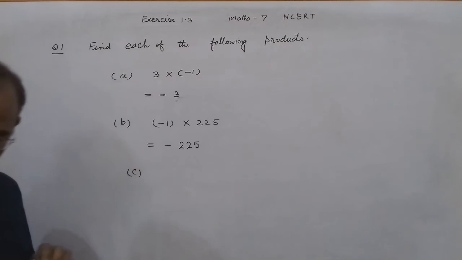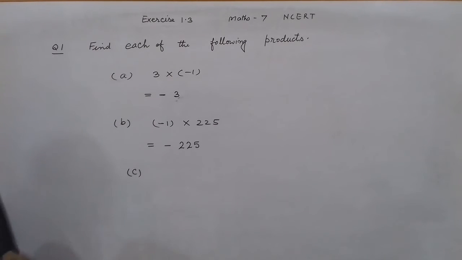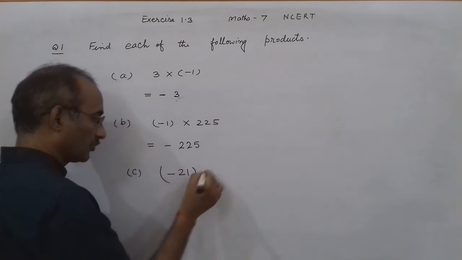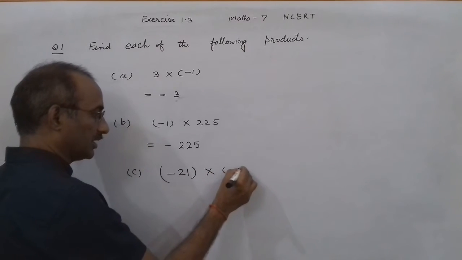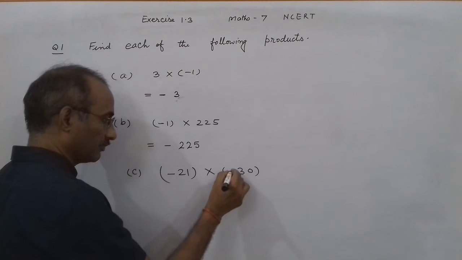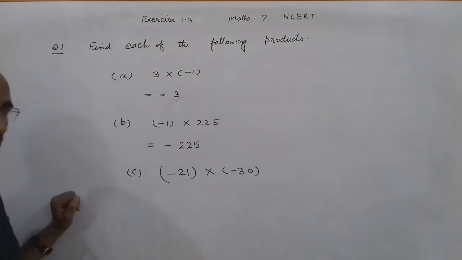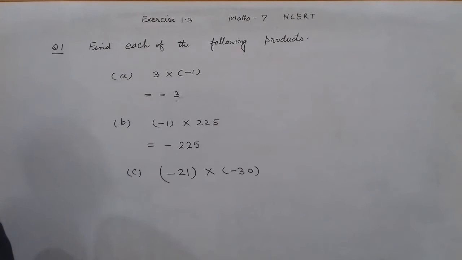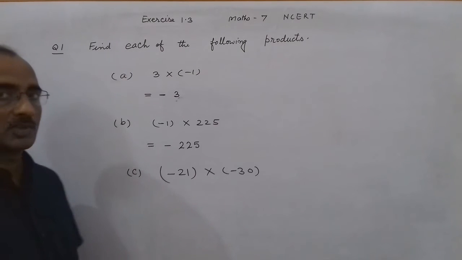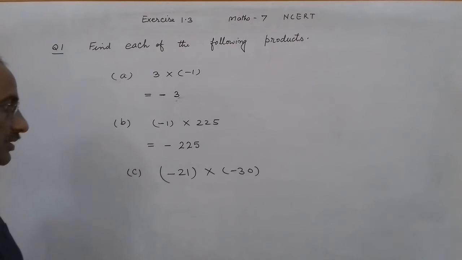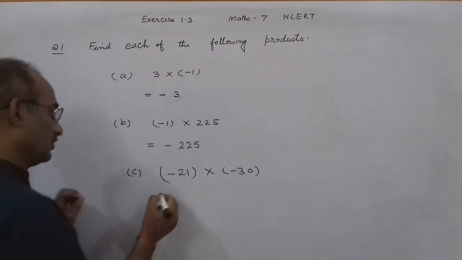The next question is minus 21 multiplied with minus 30. Here we have two negative integers. The product of two negative integers is always positive.